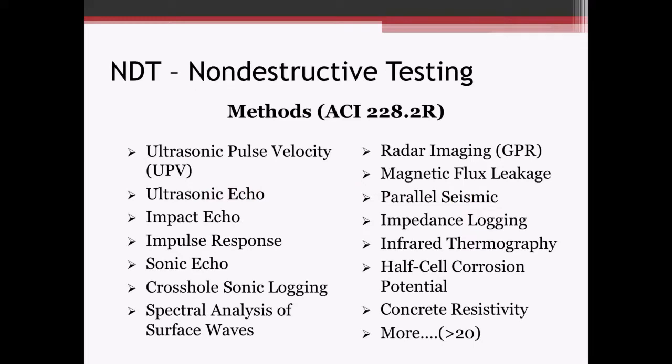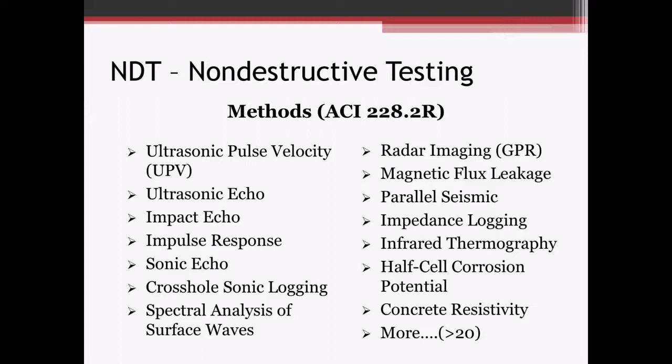So here are some of the test methods in ACI 228.2. You can see there are quite a few of them here. Some of them, like half-cell corrosion, thermography, and impedance logging, we're not going to talk about. This is just a representative sample.